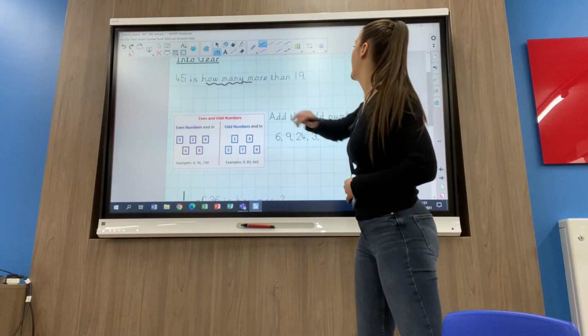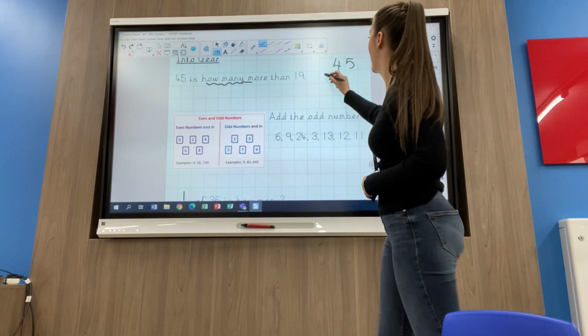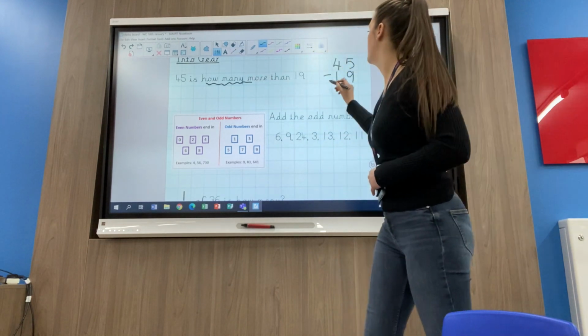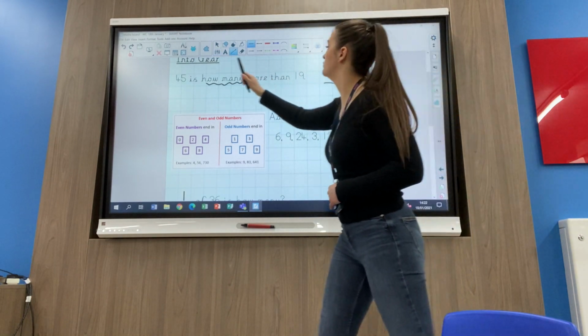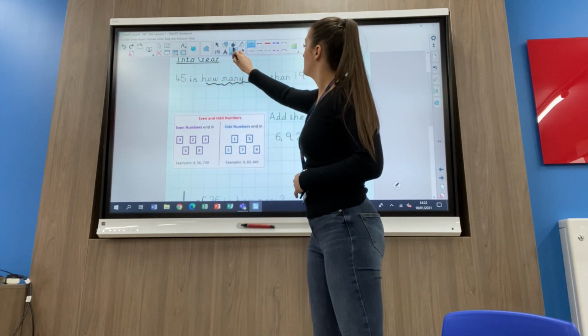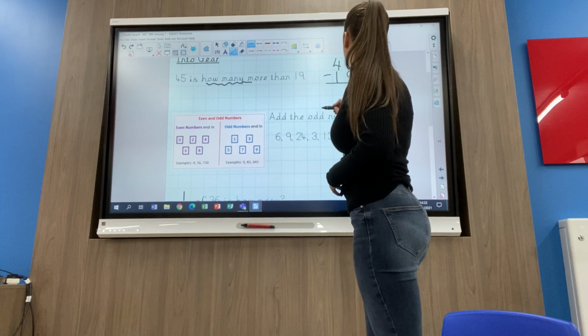So 45, I'm going to do a column subtraction. 45 subtract 19. Because we know when we do a subtraction, our biggest number comes first. Oh, my ruler didn't come out then. Make sure I'm doing my neatest presentation in my book. There we go.